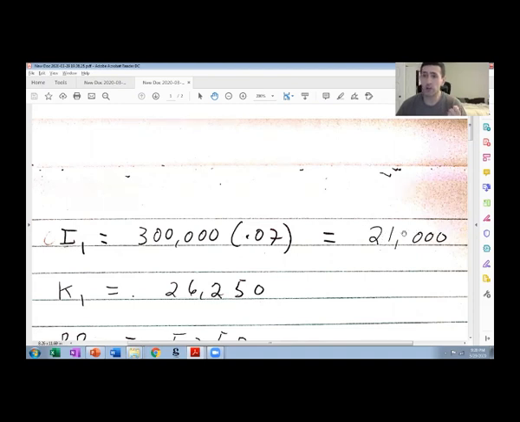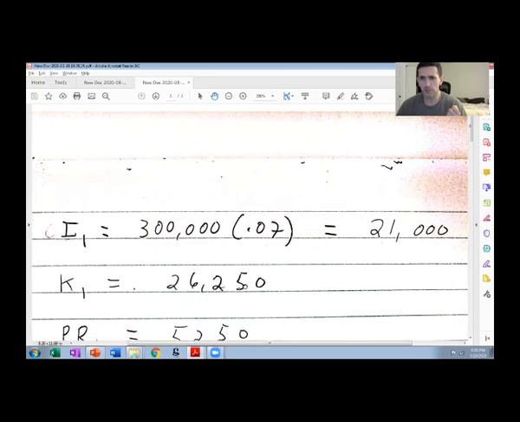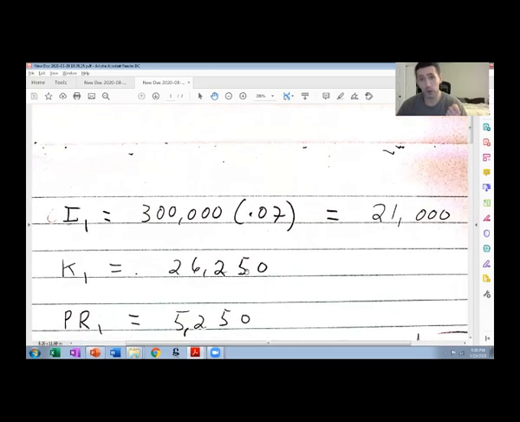Multiply this by 1.25, and you're going to get $26,250. So how much principal does that equate to? Principal, remember, is payment minus the interest due. Pay off your interest first, what's left goes towards the principal. 26,250 minus 21,000 is 5,250.